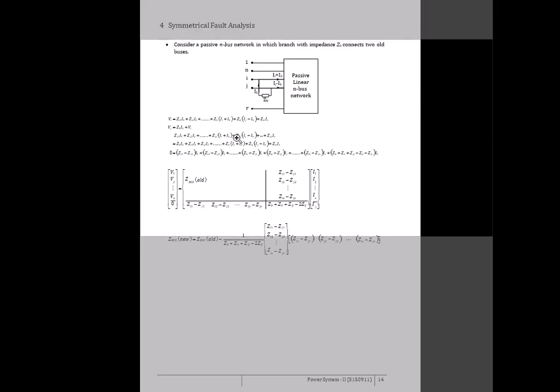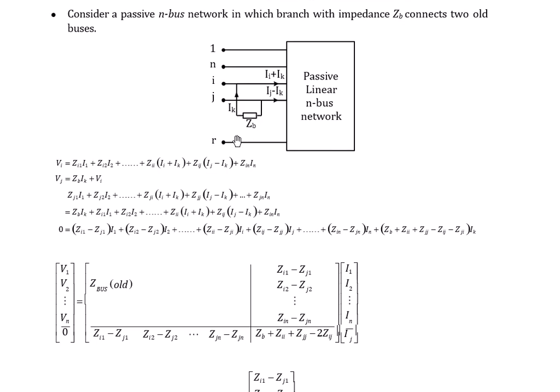Consider a passive N-bus network in which a branch with impedance ZB connects two old buses. So the impedance gets connected between the bus I and J. What is going to change?